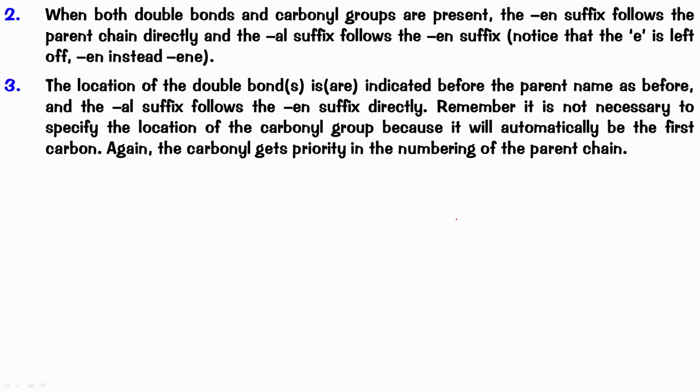Anyway, so let's check out a couple of examples. How do you name this? Pause, name, play. So the parent chain must include the carbonyl carbon, and then if you have double bonds, it must have the maximum number of multiple bonds. So obviously the parent chain is this, and we'll always give number 1 to the carbon of the aldehyde.